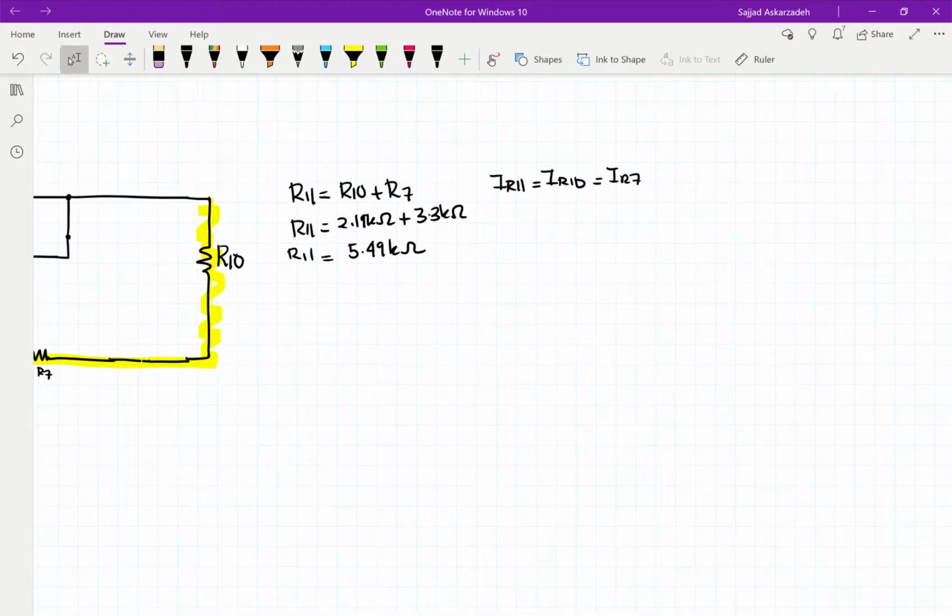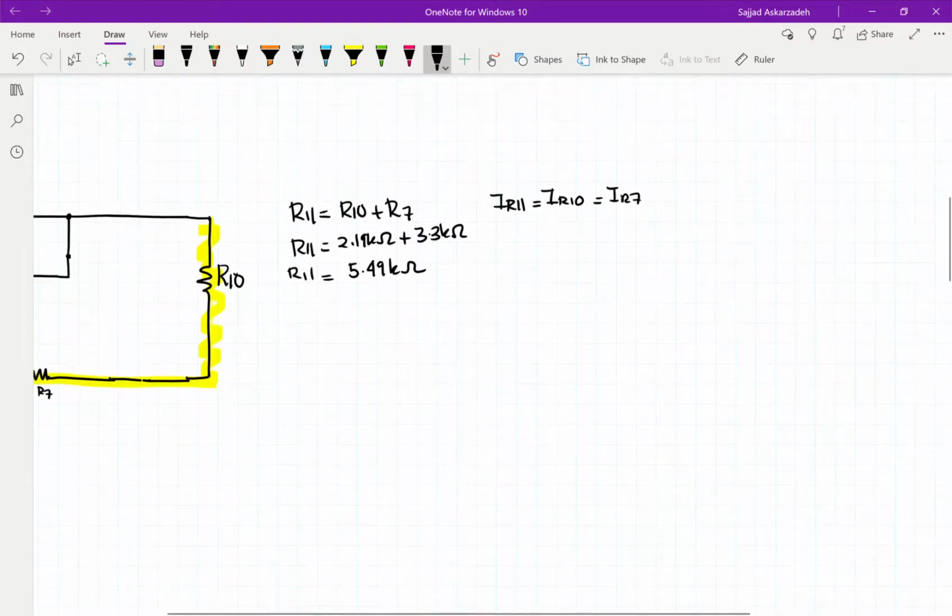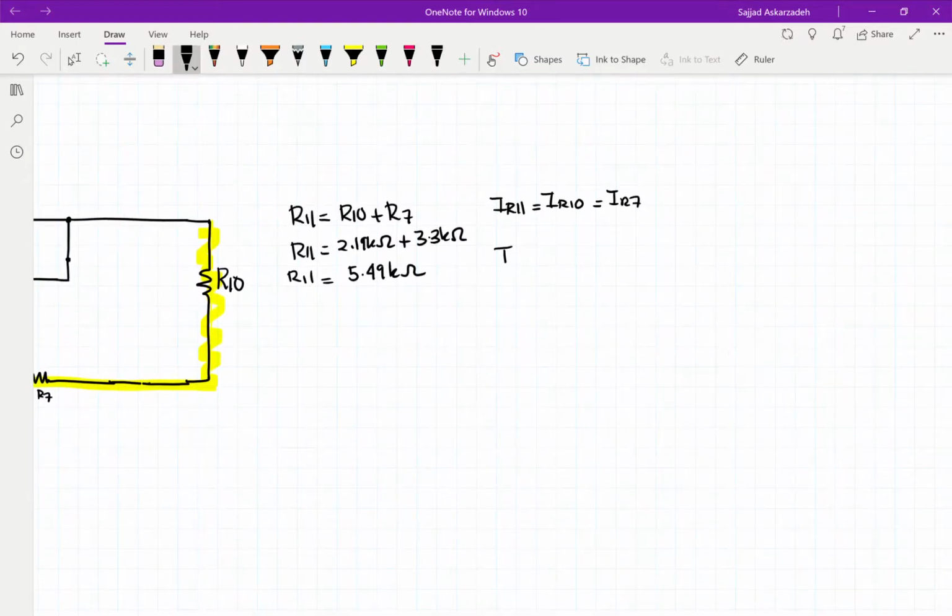Okay, so this is R11, this is a 10. Maybe you can't see it clearly, so I'm just going to rewrite that. Now we want to find what IR11 is. So let me just go back to the same color.